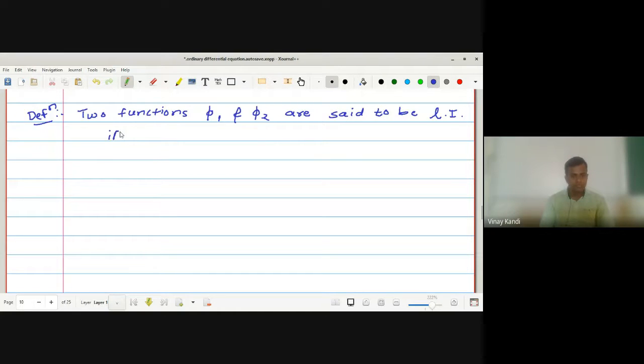C1 phi1 plus C2 phi2 is equal to 0 implies that C1 is equal to 0 and also C2 is equal to 0.